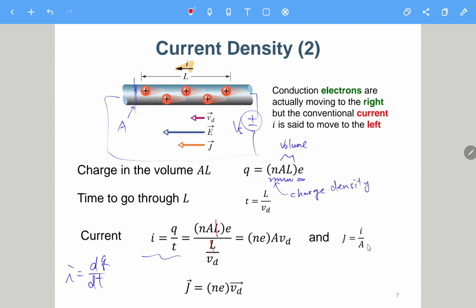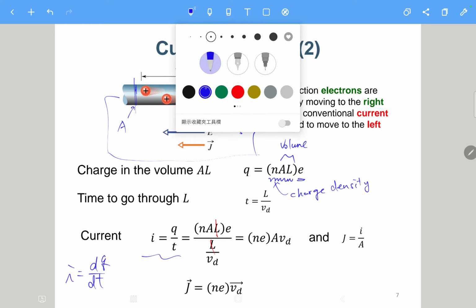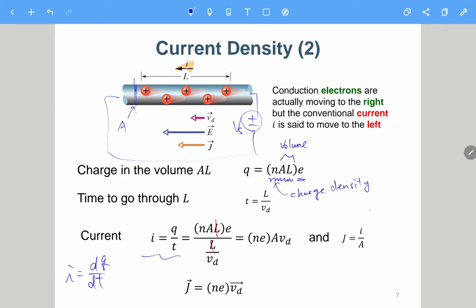And then finally, we have J equals I over A, because originally it is I equals the integration of J dot dA. So if J is parallel to dA, and also J is uniform, then it is just a multiplication, J times the cross-section area.